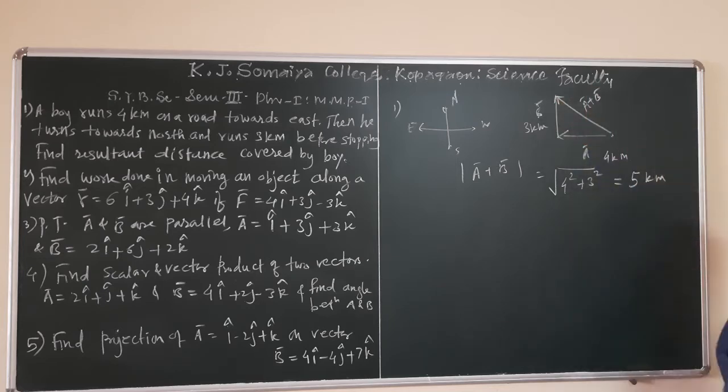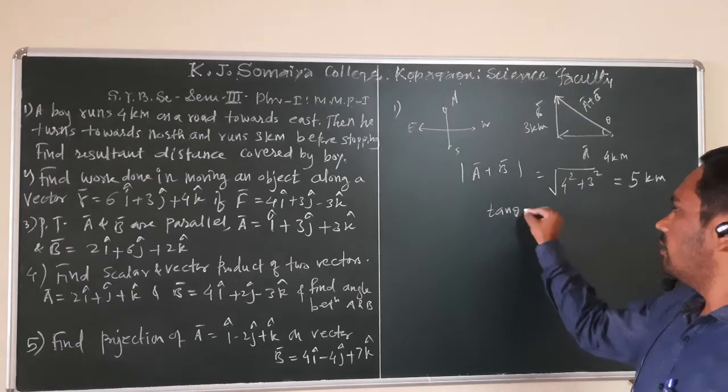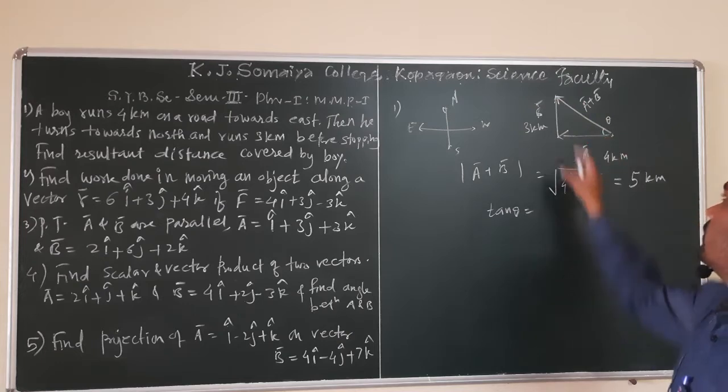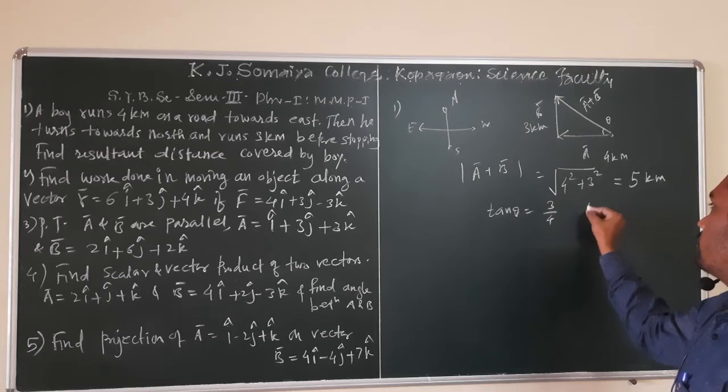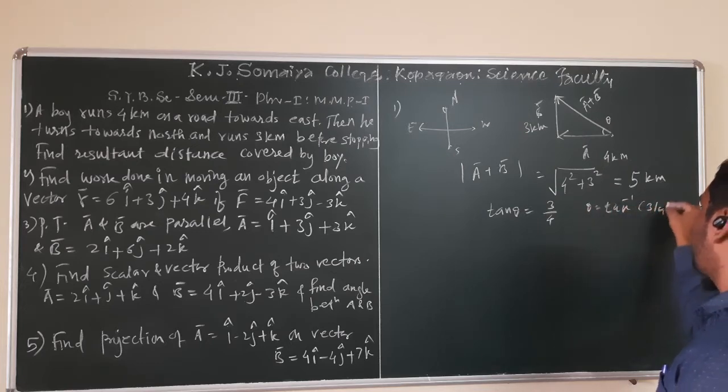Okay. If you want to find the direction, how can we find it? If you take this angle as theta, then tan theta is opposite side divided by adjacent side. So the opposite side is 3 divided by 4. So theta is tan inverse of 3 by 4.